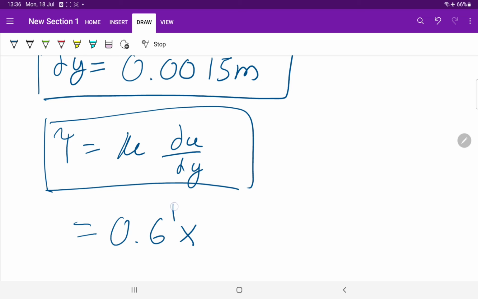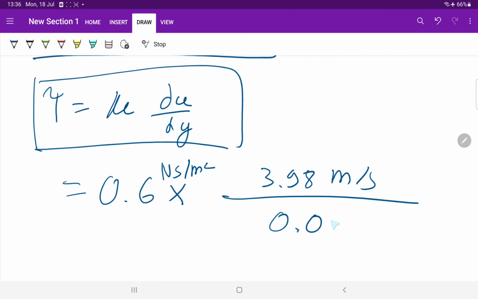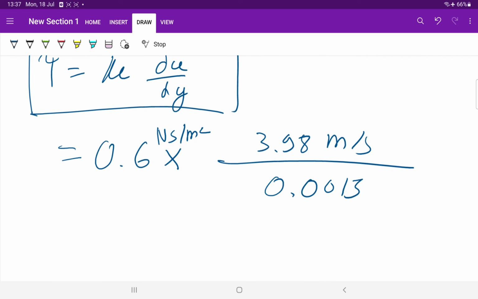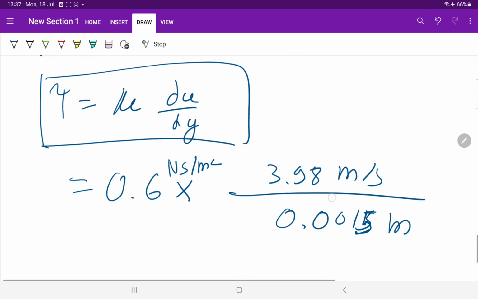So 0.6 Newton second per meter square into 3.98 meter per second divided by dy, which is 0.0015 meter. Let me do this in calculator right now. 0.6 into 3.98 divided by 0.0015, and the answer is 1592.